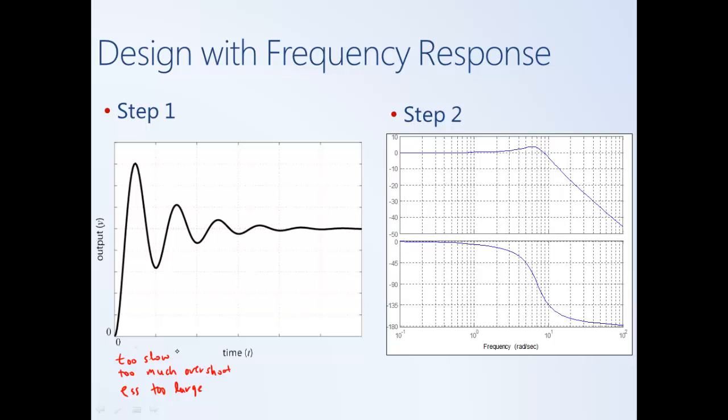So since it's too slow, think about how we would want to change the open loop frequency response to make it faster. Okay, so we recall that gain crossover frequency is an indication of speed of response. So we want to push the gain crossover frequency out to a higher frequency.